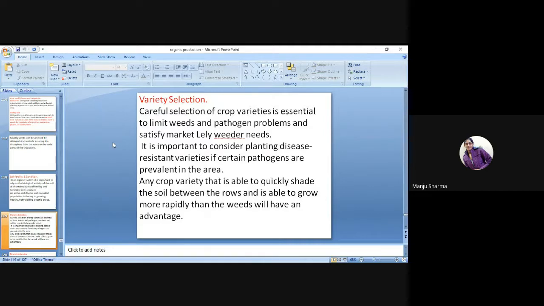It is important to consider planting disease resistant varieties if certain pathogens are prevalent in the area. So, any crop variety that is able to grow more rapidly than the weeds will be an advantage.